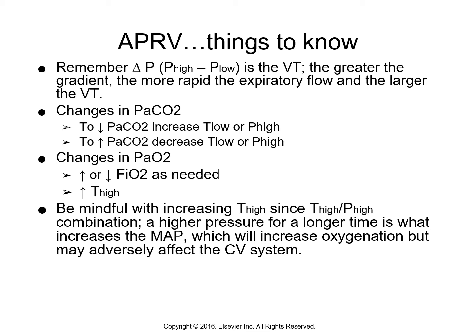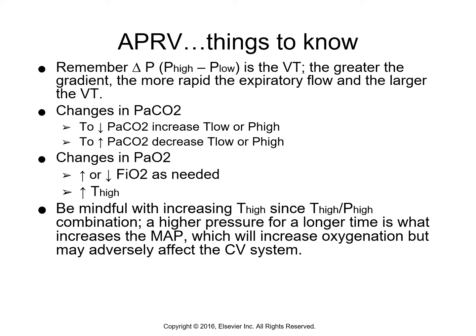Keep in mind that your delta P, the difference between your P high and your P low, is your tidal volume, and the greater the gradient, the more rapid the expiratory flow and the larger the volume. So if you want to decrease your PaCO2, you're going to increase your T low, or increase your P high.